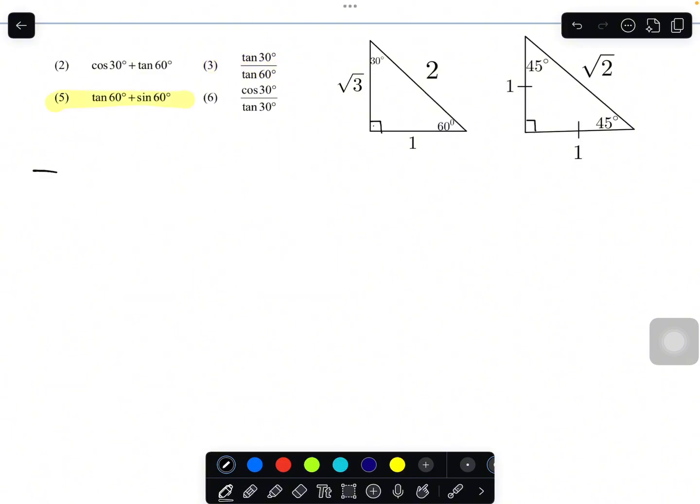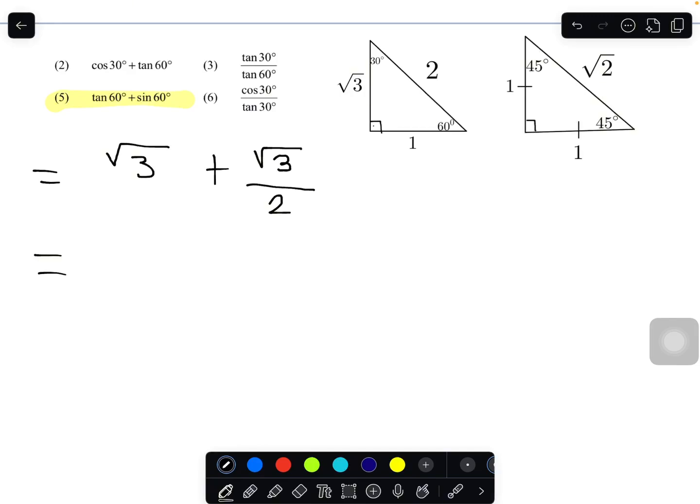We now have tan 60 plus sine 60. So the tan of 60 is my opposite over my adjacent, which is root 3 over 1, which will just be root 3, plus the sine of 60. Now the sine of 60 is my opposite over my hypotenuse.